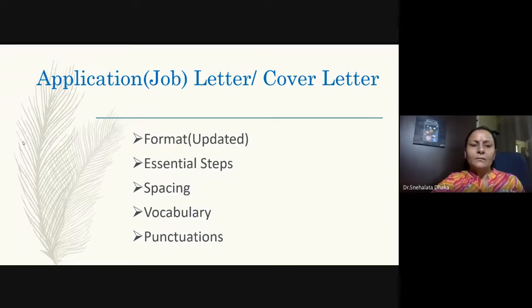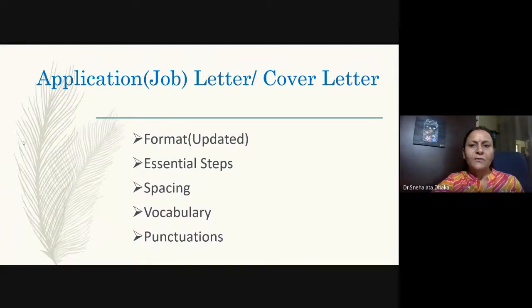Let us check the formal letters, as those are written for some formal purpose. So one has to be quite careful in developing a formal letter. Today we are discussing a particular type of formal letter, that is the job letter or the cover letter. This job letter comes in the category of application letters.